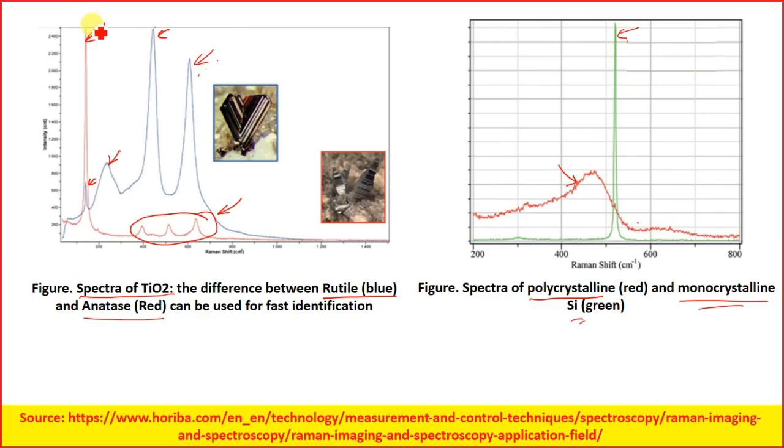Whereas in the anatase phase, most of the peaks are at this position, at this sharp peak. So it is also a polycrystalline phase, but one of the phases is more prominent compared to the other phases. So the homogeneity, the properties of the sample, wherever you pick, will be similar at all places. Whereas over here the homogeneous property may not be present.